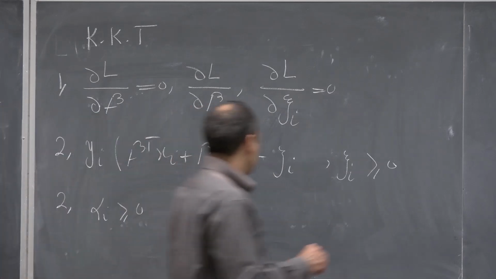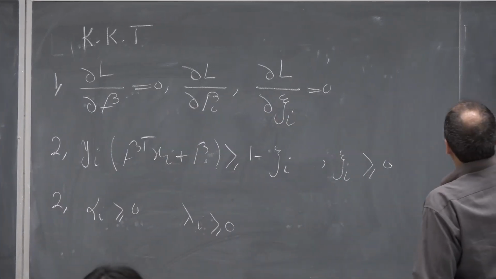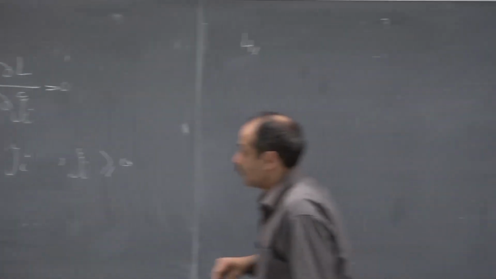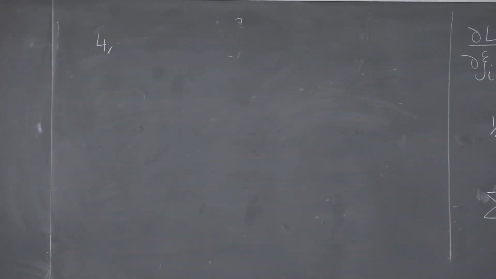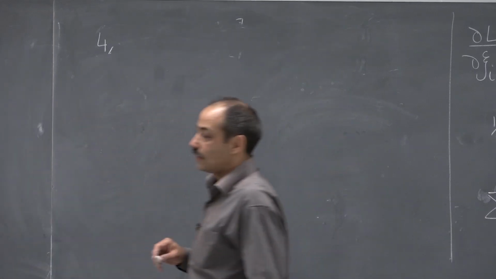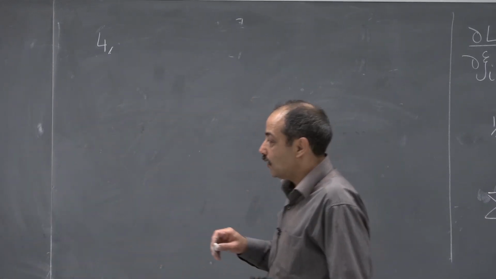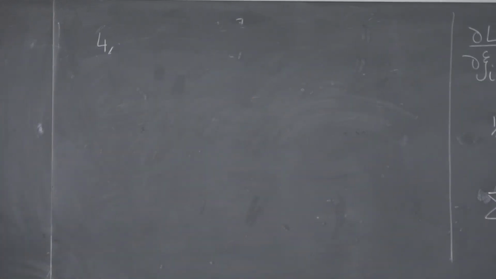Okay, so what about complementary slackness? Complementary slackness means this dual variable times the corresponding constraint should be 0, right?